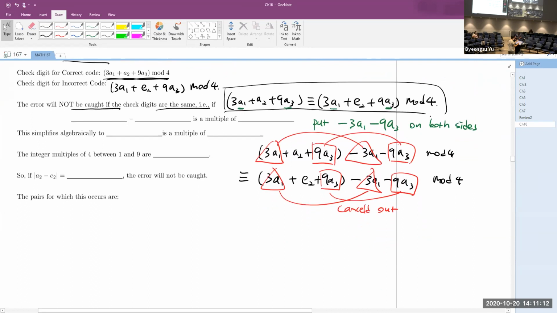So all you have is A2 mod 4 is equal to E2 mod 4.